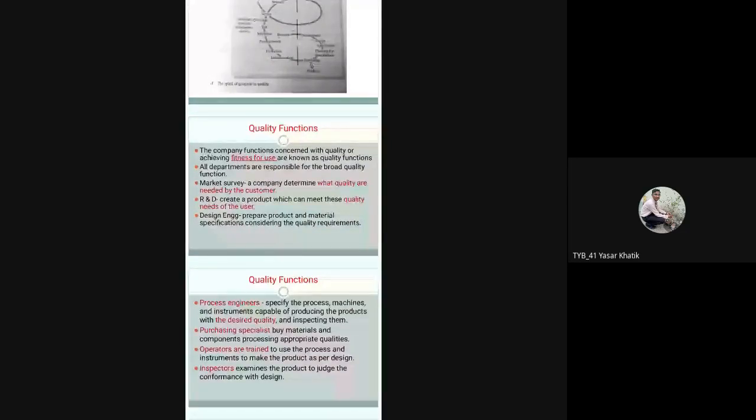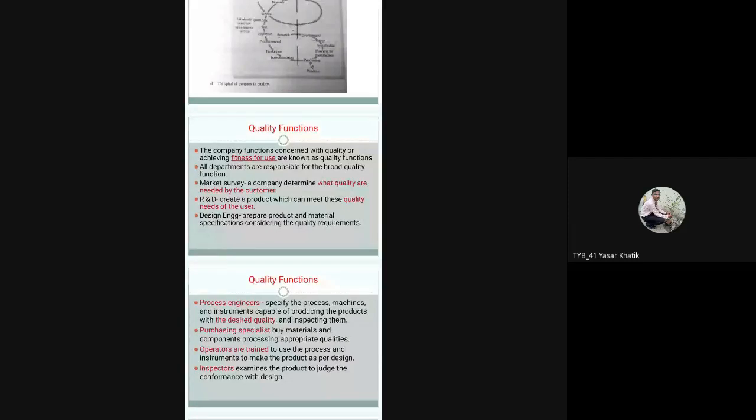And here the research and development part will play a very important role. Here we are going to modify our competitor's design, so that it will be helpful for the customer and fulfill the customer requirement. So the R&D department will play a very important role.